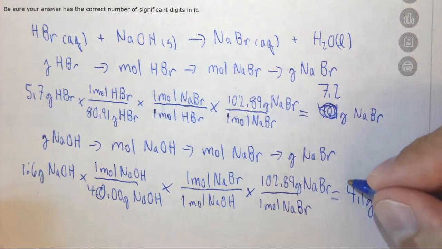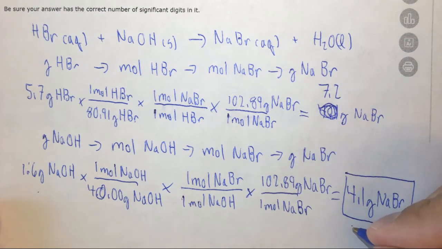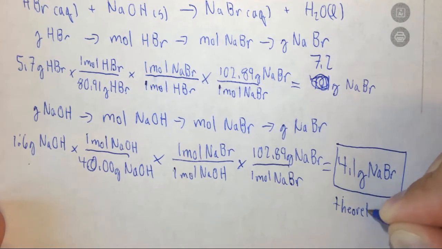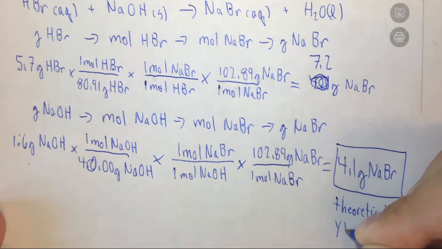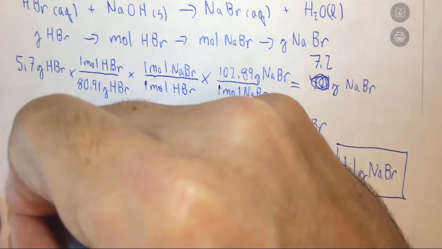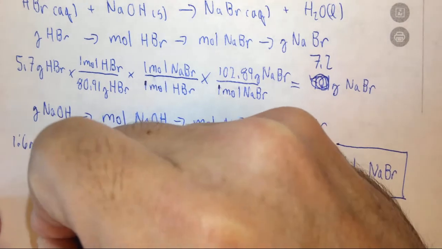Said another way, 4.1 grams of NaBr, the lower of the two numbers, is the theoretical yield. And although it's not specifically asked for in this question, NaOH would be considered the limiting reactant or reagent.